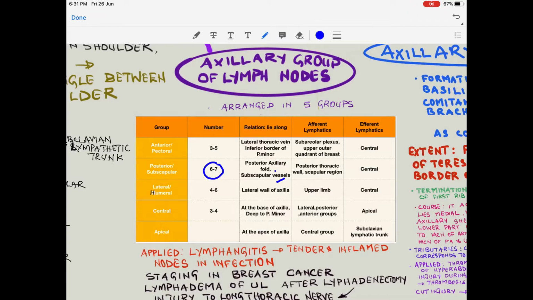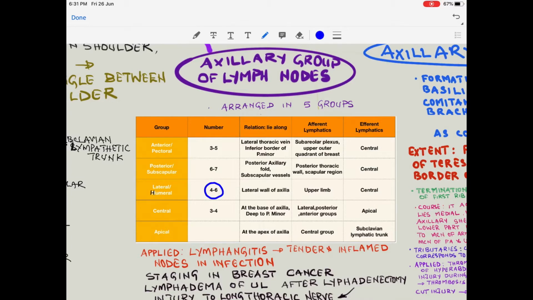The lymphatics from the posterior group go to the central group of nodes. Now the lateral or humeral group, they are 4 to 6 in number and they lie in the lateral wall of axilla. They drain the entire upper limb, and the efferents are going to the central group of nodes.